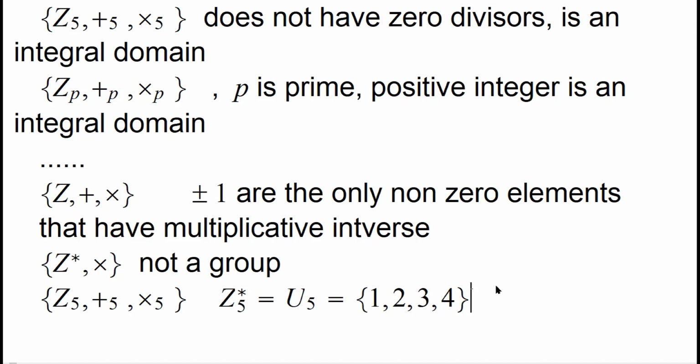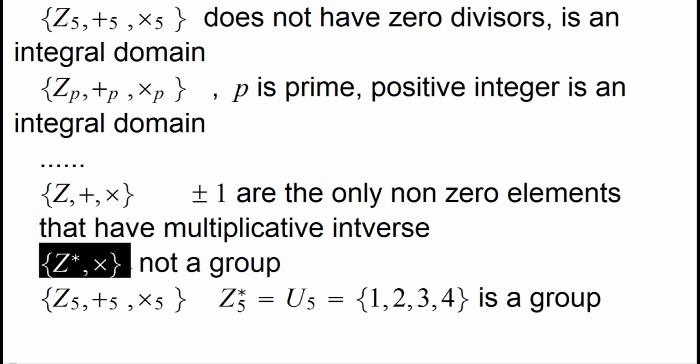So this is a group, right? While here, with respect to multiplication, it is not a group, this one is an integral domain in which the non-zero elements do form a group.